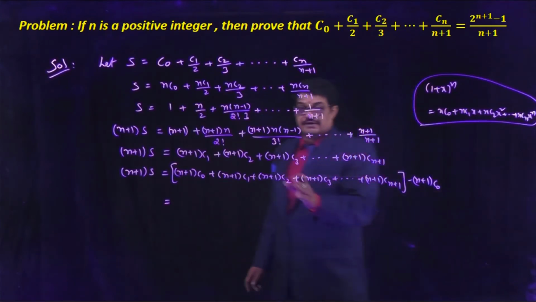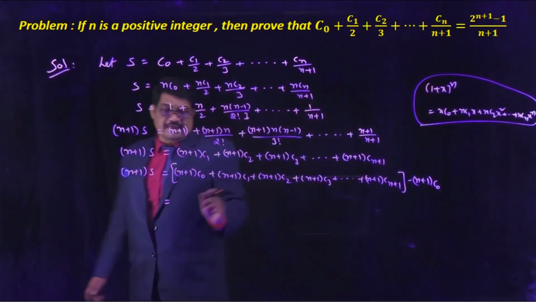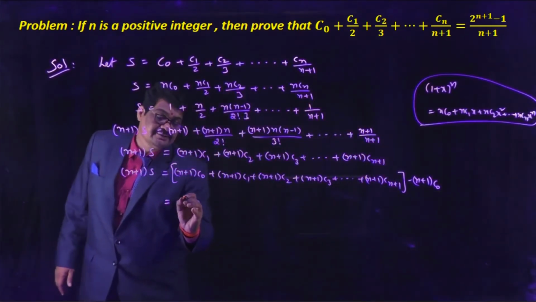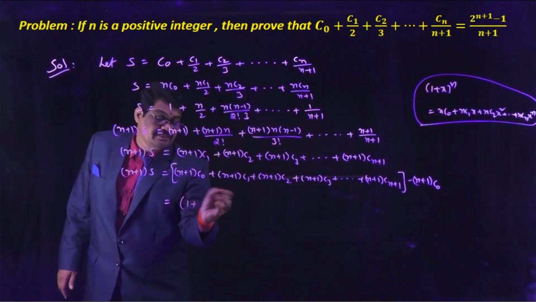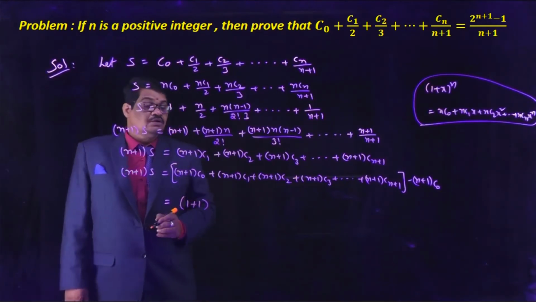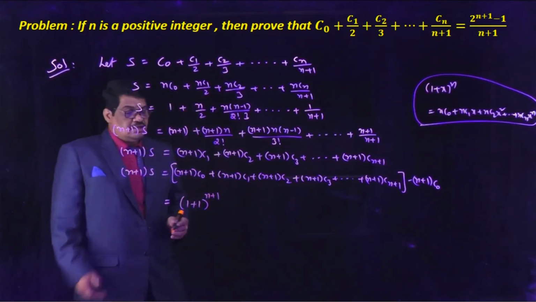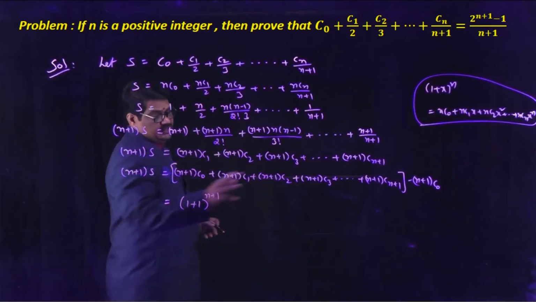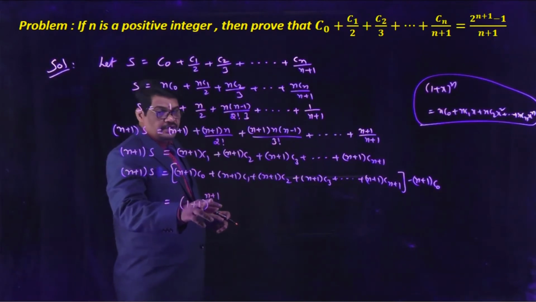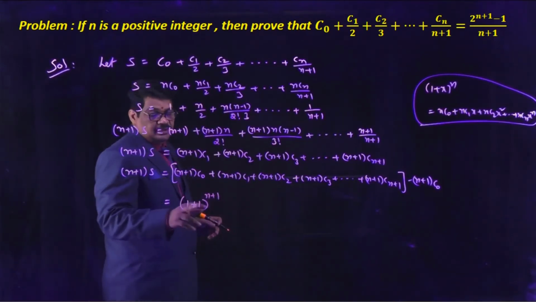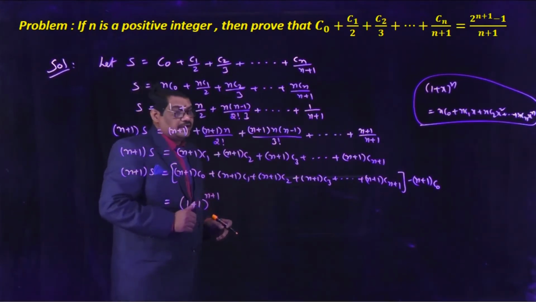Then we get this expansion, which can be written as (1 + x)^n form, where x is 1 and n is n + 1.